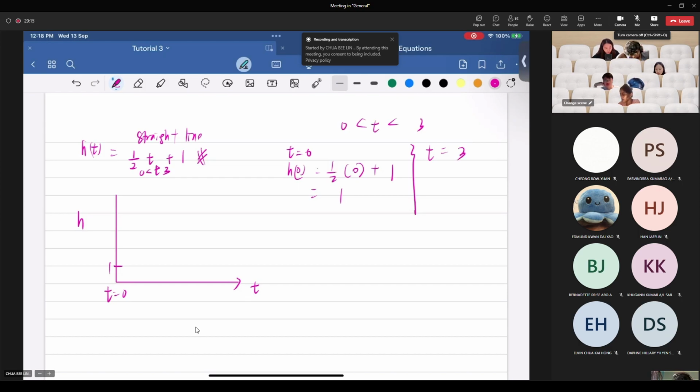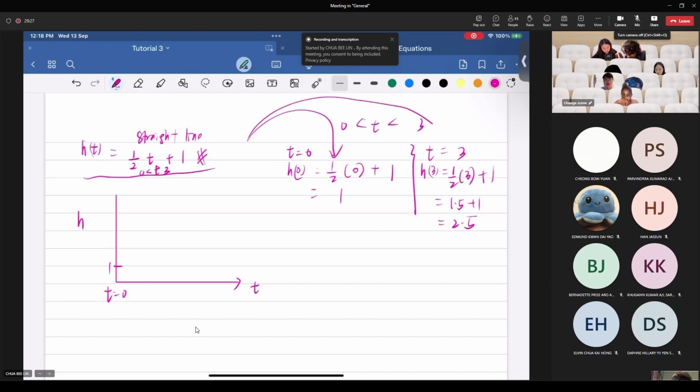So I will have h3 equals to 1 over 2 times 3 plus 1, so 1.5 plus 1, 2.5. So this equation, substitute into here for t equals to 0 and t equals to 3 to get the 2 dots, then you can join them together.